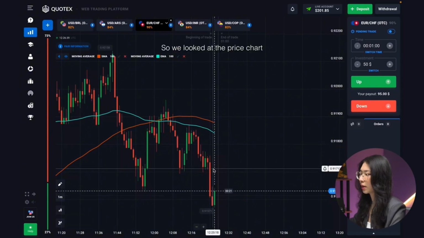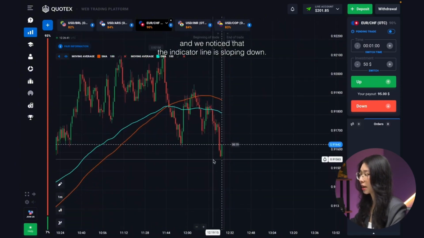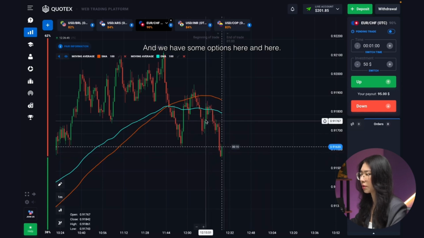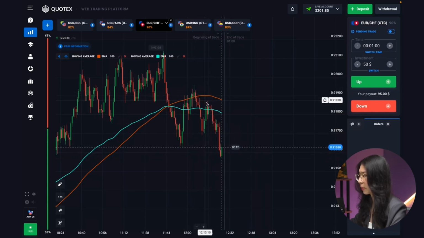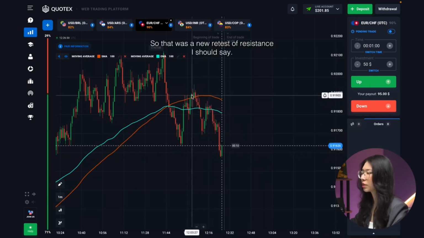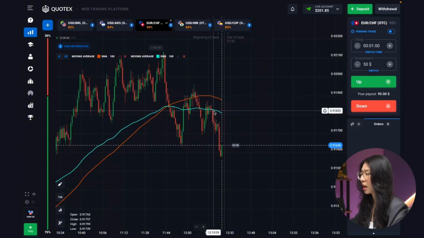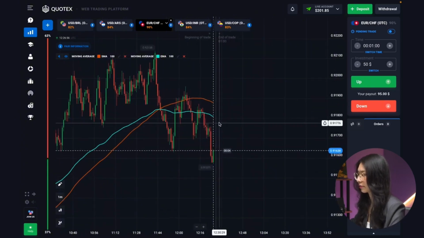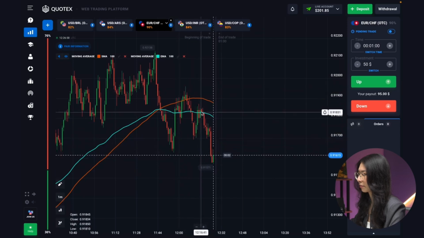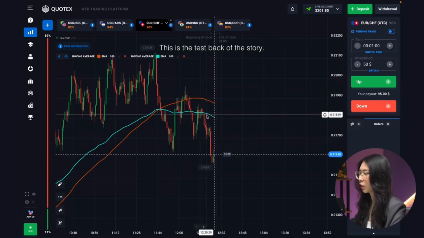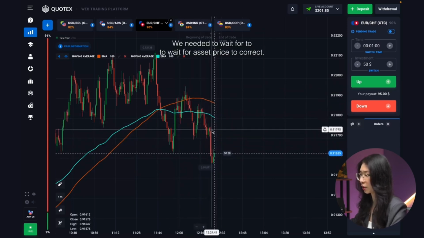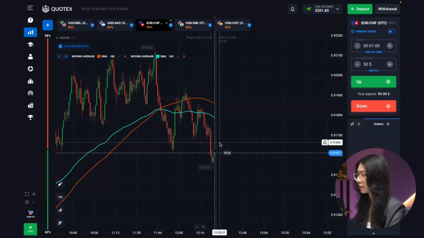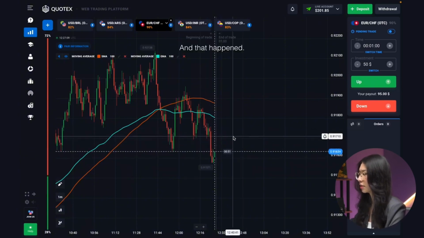So we looked at the price chart and we noticed that the indicator line is sloping down, and we have some options here and here. That was a new test of resistance, I should say, and now we need to wait for the asset price to correct. And it happened.